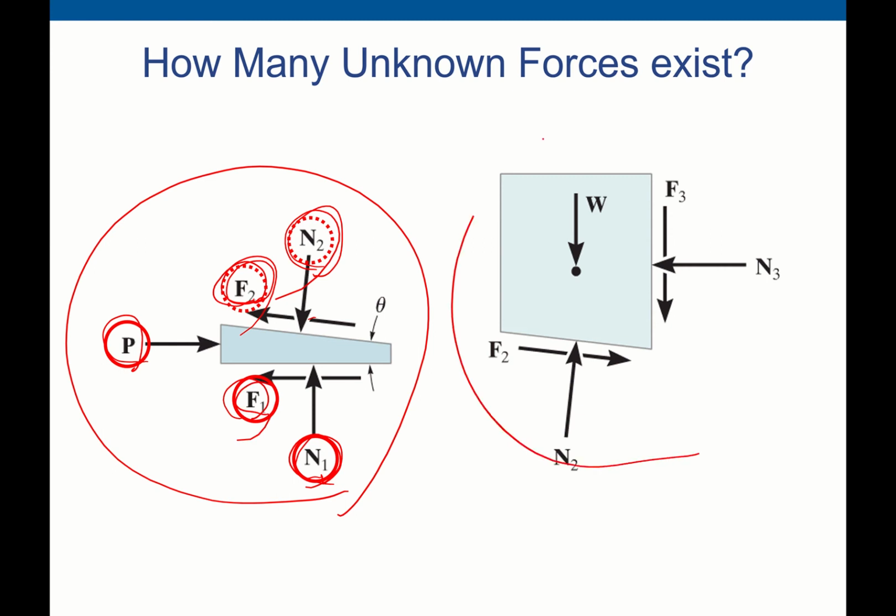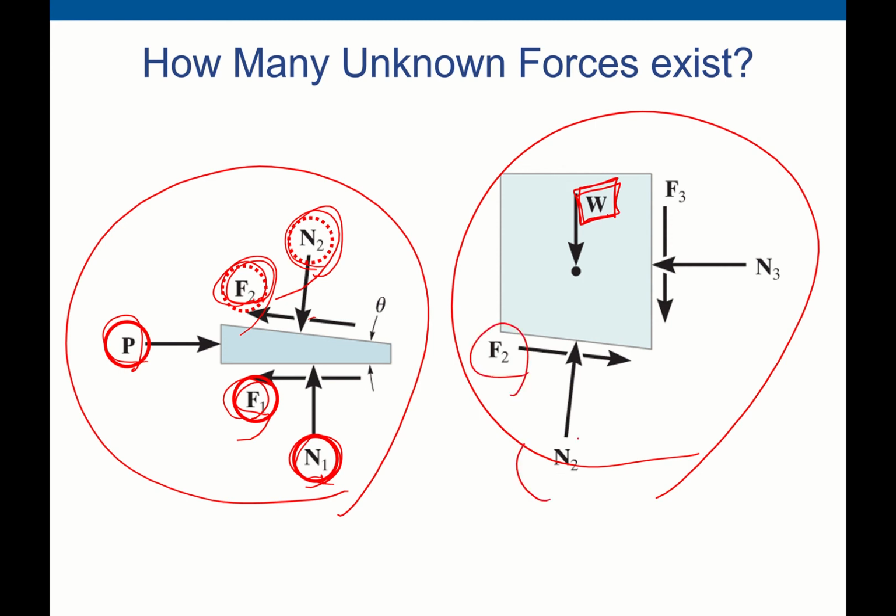If you look at the box part, we also have unknowns. If we know the weight, then this is a known force. How about unknowns? We have three unknowns here because this object has another frictional force from the wall.